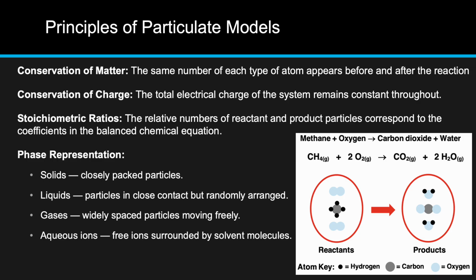And then aqueous ions are shown as free ions surrounded by water molecules or whatever solvent you're working with. And then the diagram on the right is just a representation that shows the idea of using methane reacting with oxygen to form carbon dioxide and water. And you can see that each particle model matches the balanced chemical equation, which is a very important part of this lesson.